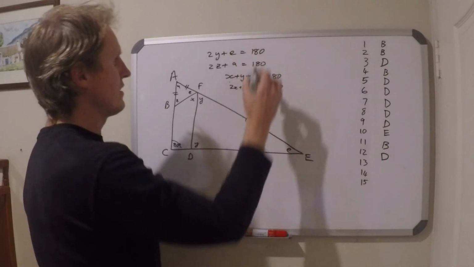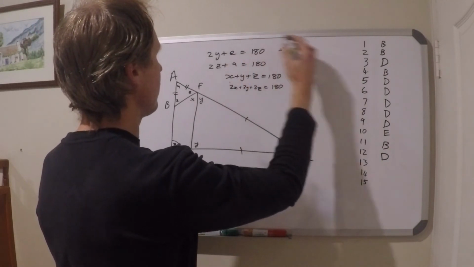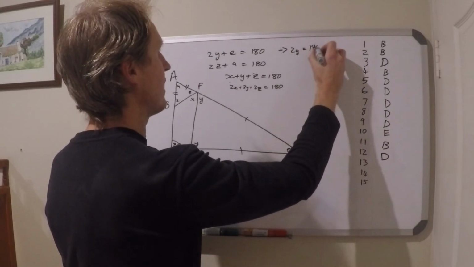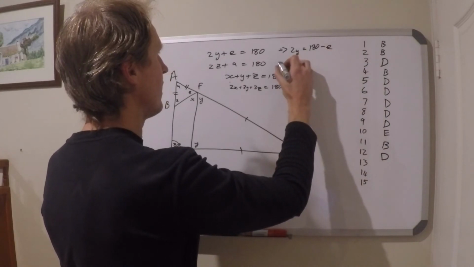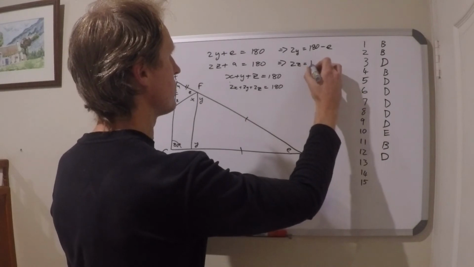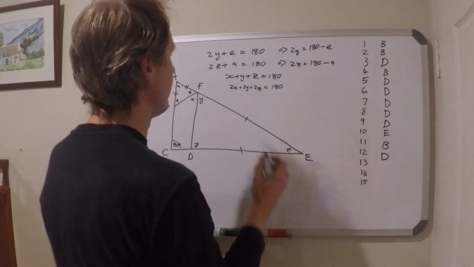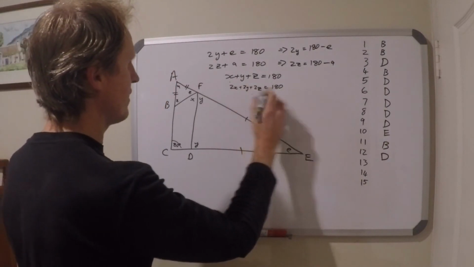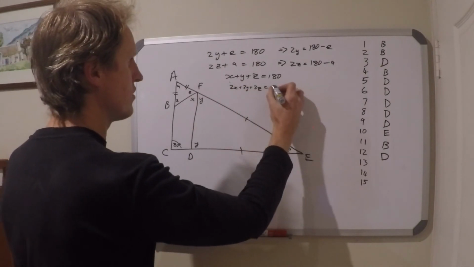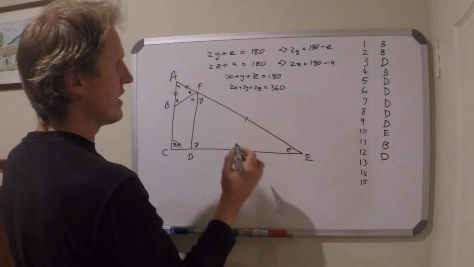I'm going to take this to the other side, so that tells me 2y is equal to 180 minus E, and 2z equals 180 minus A. Let's substitute these in here.